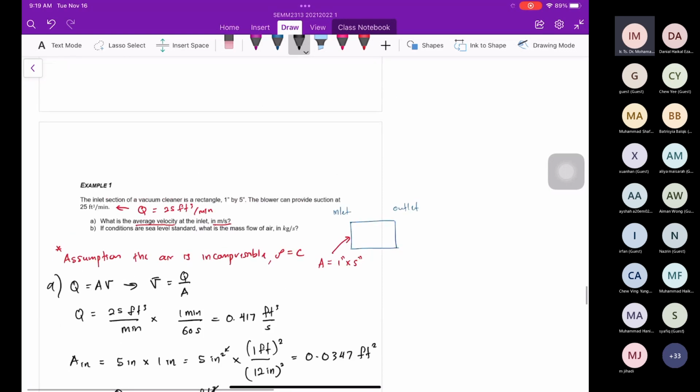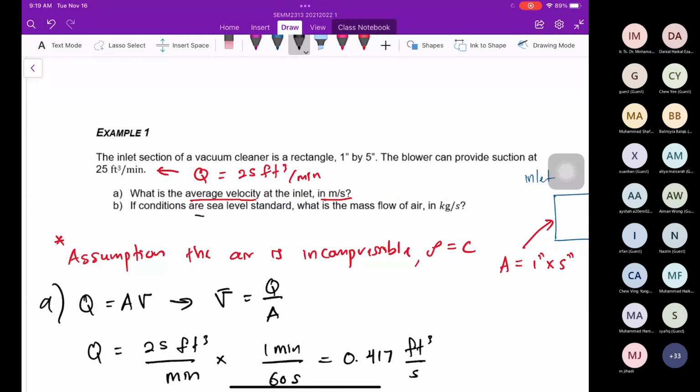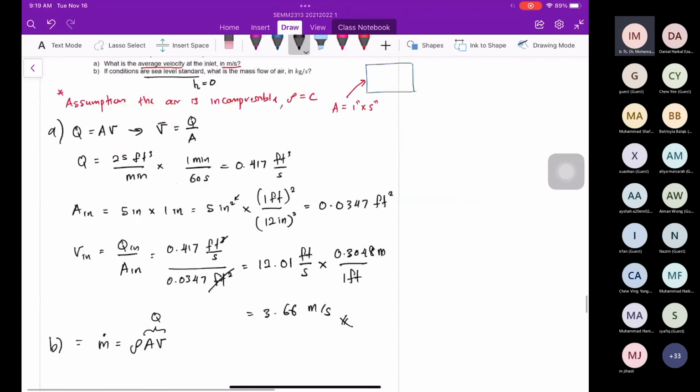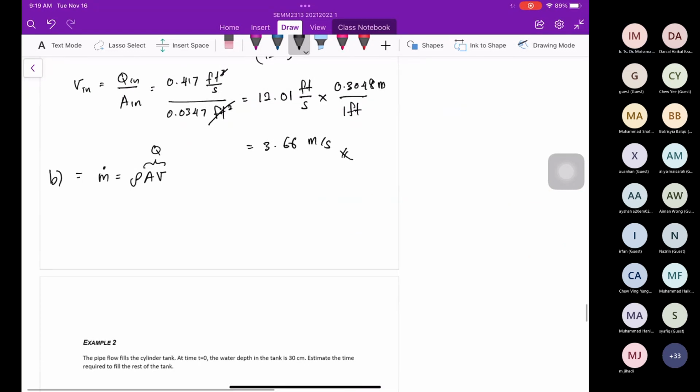Under sea level, which is H equal to 0, you can look at the table and find the density directly. The density of air at sea level is 1.2255 kilogram per meter cubic.